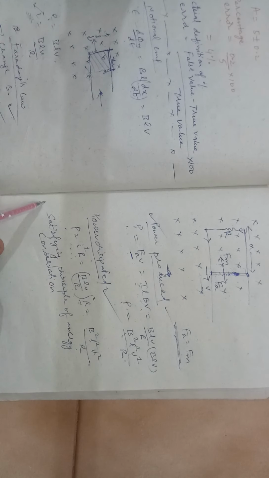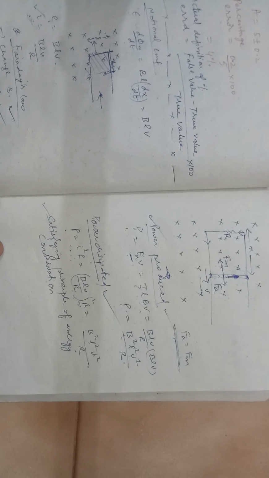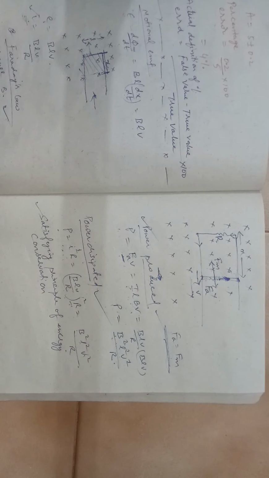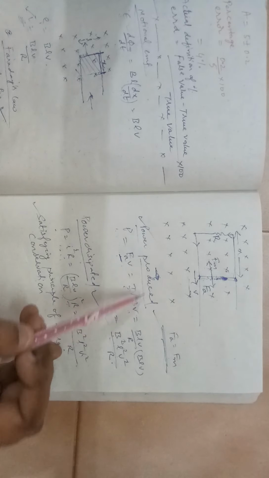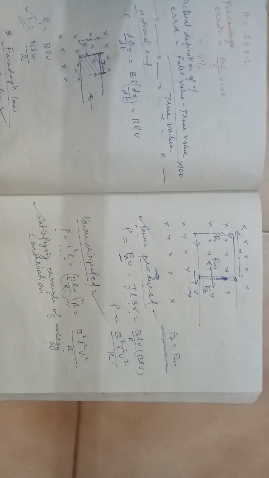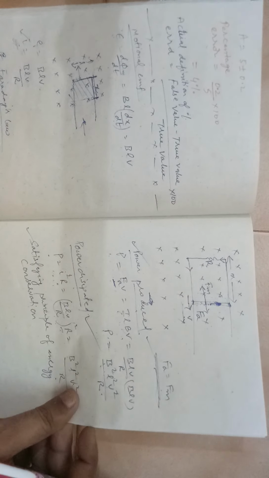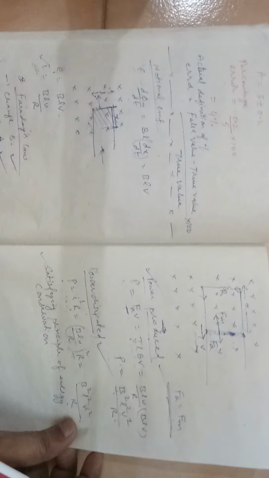So it is satisfying the principle of energy conservation. So you can find out power either this way or that way. So this is also a concept. Try to understand and note it.